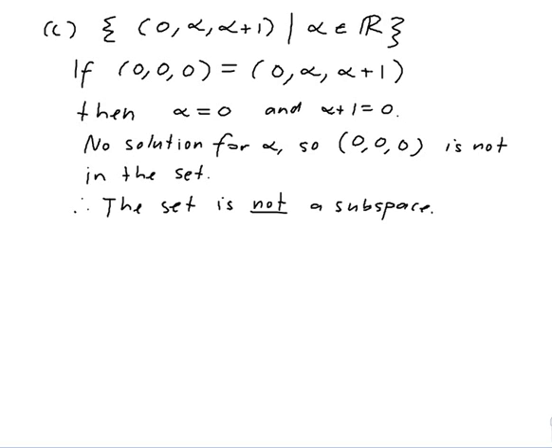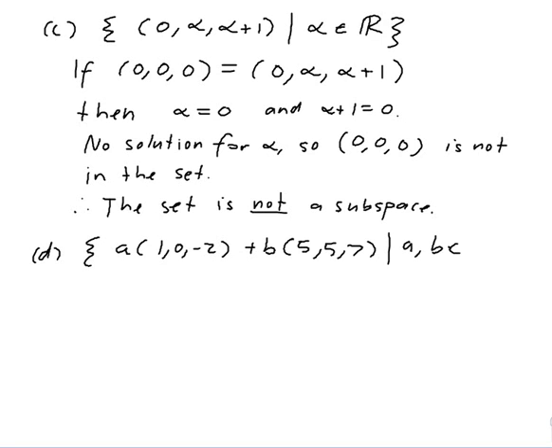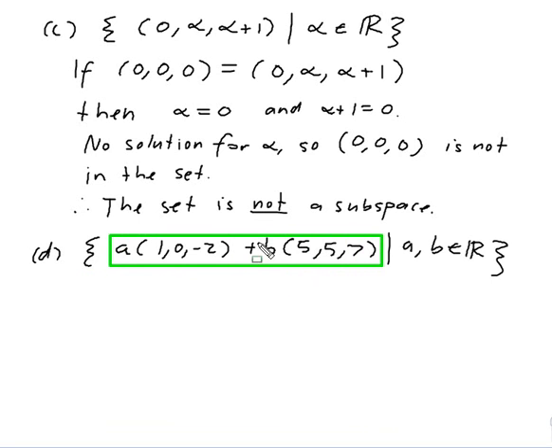Okay, D, the set of A times 1, 0, -2, plus B times 5, 5, 7, such that A and B are in R. This one's much more promising, because look, this here is a linear combination of these two vectors.